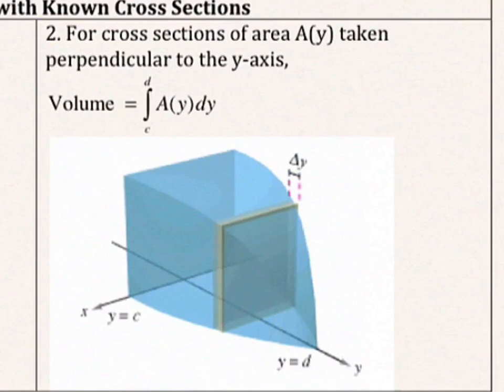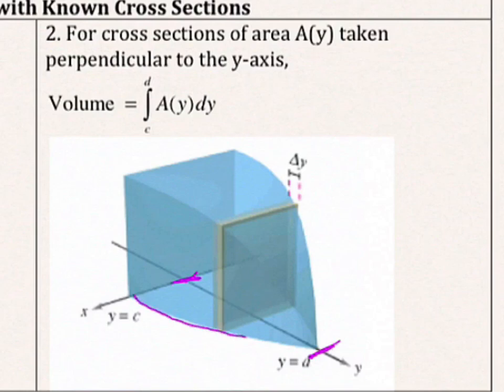For cross-sections of area A(y) taken perpendicular to the y-axis, the volume here is the definite integral from c to d of A(y) with respect to y. Okay, so now c becomes a y value. So it would go from here all the way up to here. So that's the length that we're taking our cross-sections of.